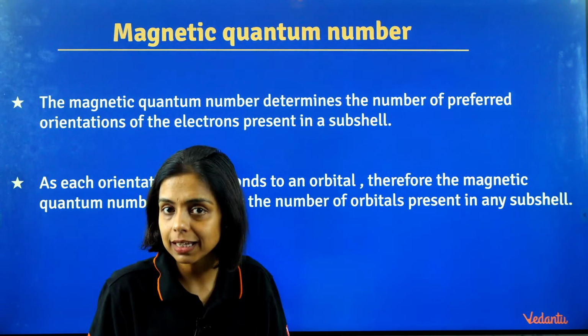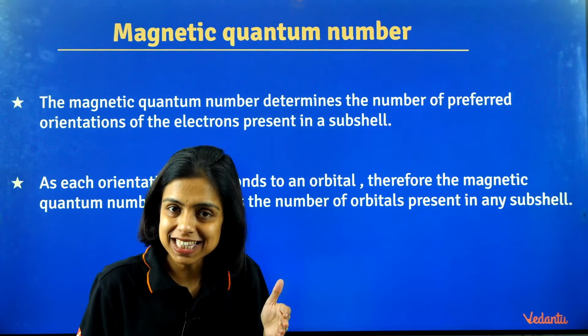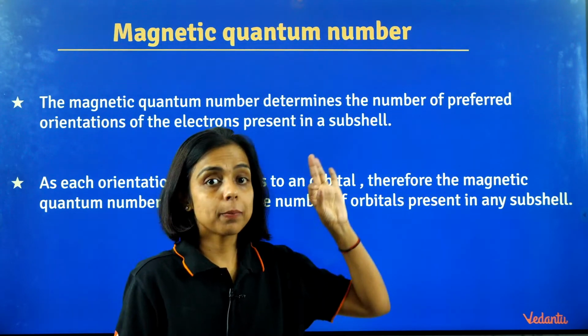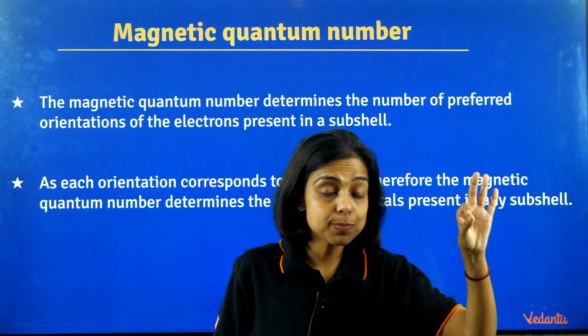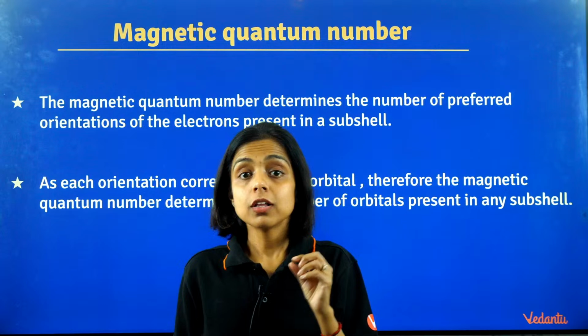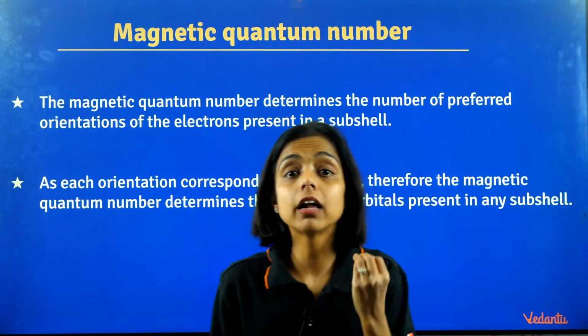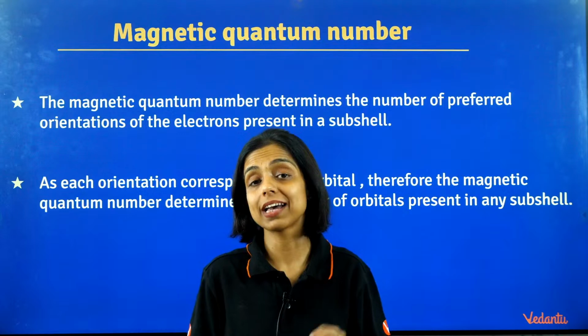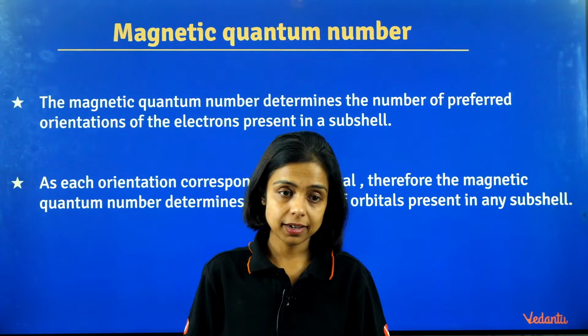So similarly, in subshells, we have various orbitals. Orbital is a three-dimensional space where the probability of finding the electron is maximum. That means orbital is the home of the electron, where it is most likely to be found. Right?